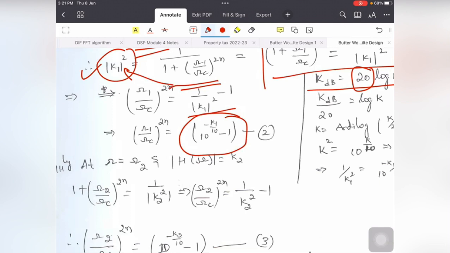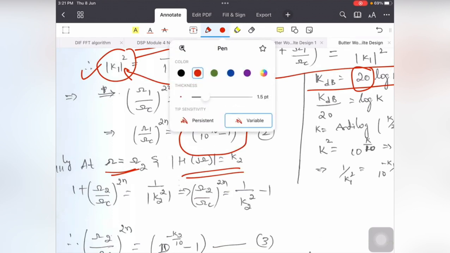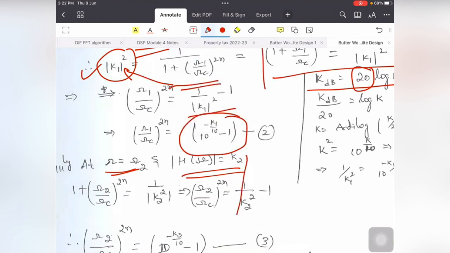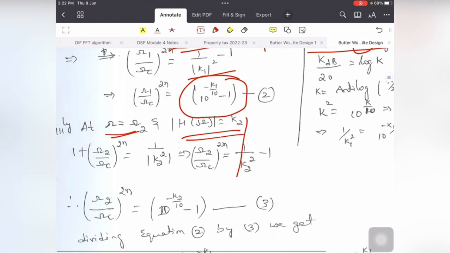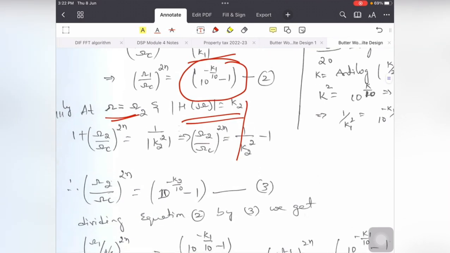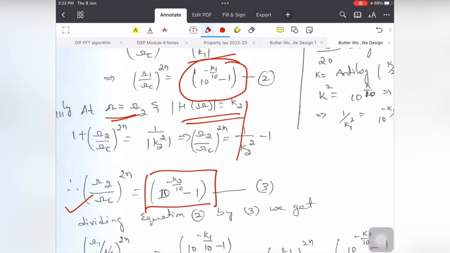Similarly, in equation 1, put omega equal to omega 2 and |H(j omega)| equal to k2. Then simplify in the same way as the above procedure. I will get (omega 2 by omega c) whole power 2n equal to 10 to the power of minus k2 by 10 minus 1.